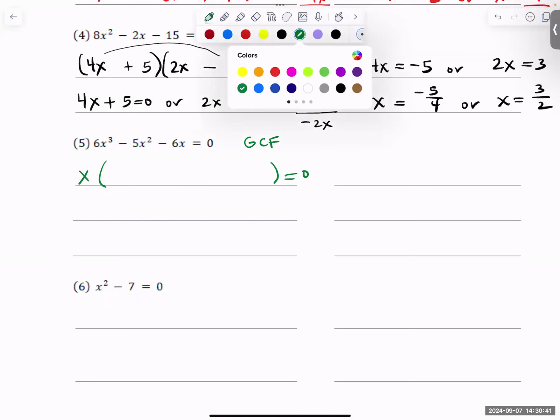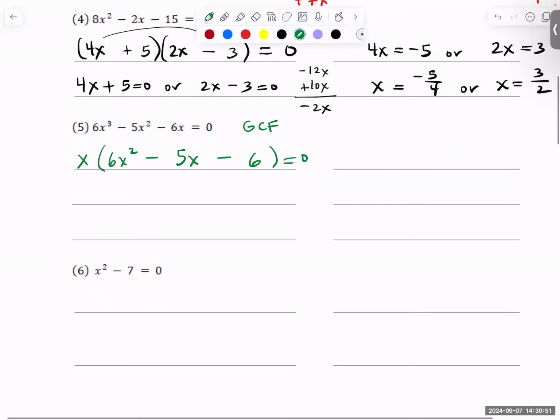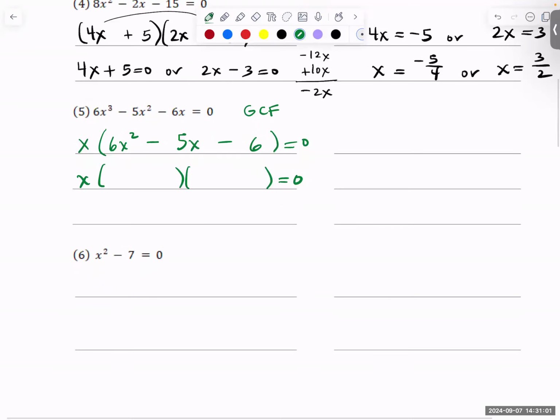So by the distributive property, we have 6x squared, a quadratic, minus 5x minus 6. Inside the parentheses, the greatest common factor is still 1. We have a second degree trinomial, so it may factor as a product of two binomials. For 6x squared, let's try 3x times 2x.